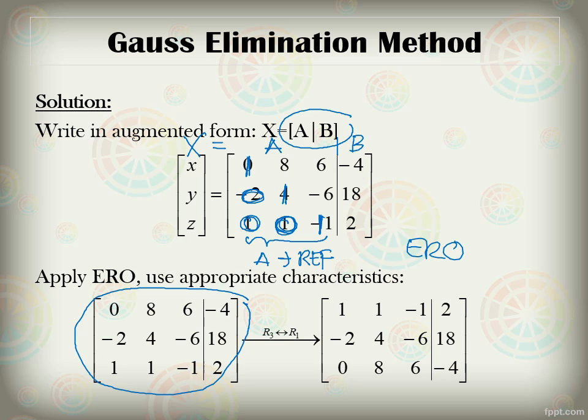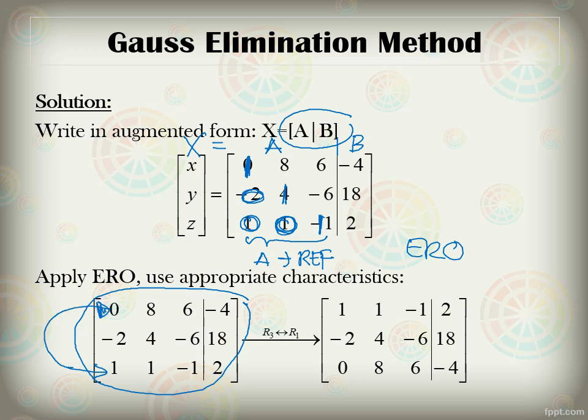Look, the first step is to reduce the first element 0 here to 1. Since this is a 0, the easier way is to interchange row 3 to row 1.